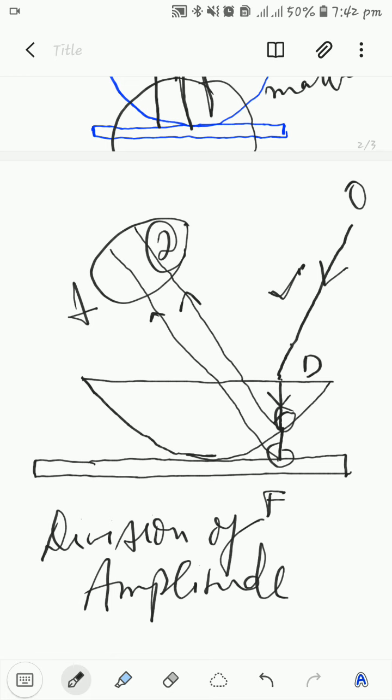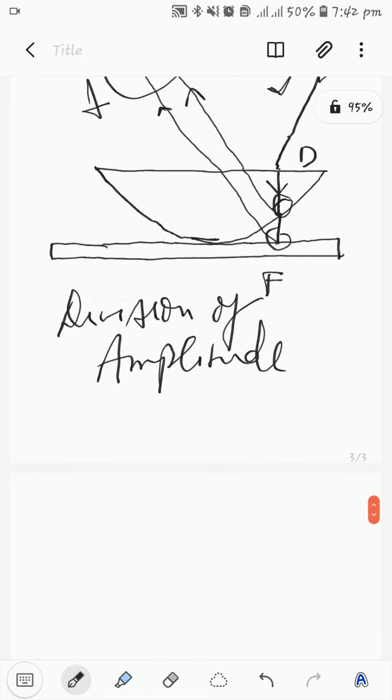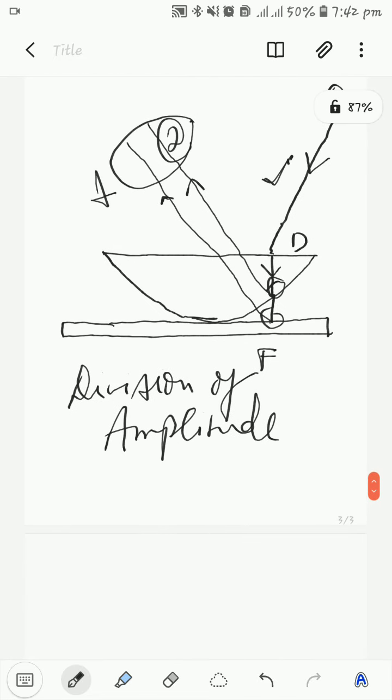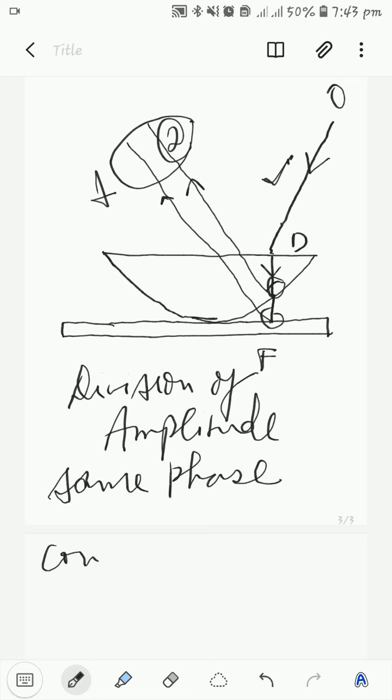So what we get as a resultant is two light beams from a single source. These light beams are in the same phase, or we can say there is a constant phase difference.